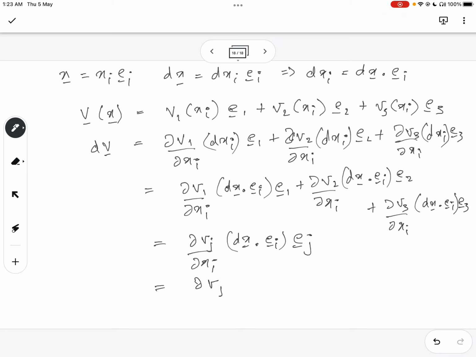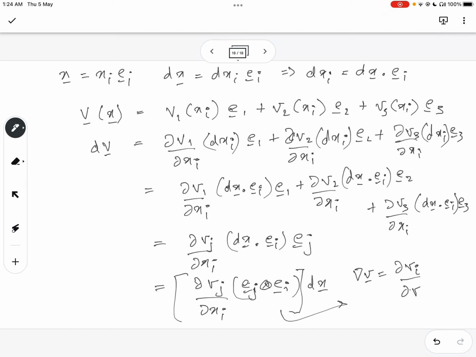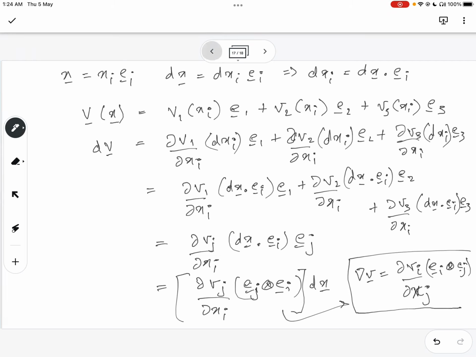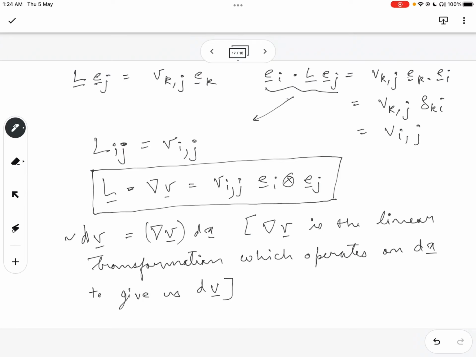Written in terms of the dyadic product, this is del vj by del xi ej dyadic ei acting on dx. Therefore, this quantity is the gradient of v. Interchanging the indices i and j, we have del vi by del xj ei dyadic ej. So we have achieved the same result with this definition as well.